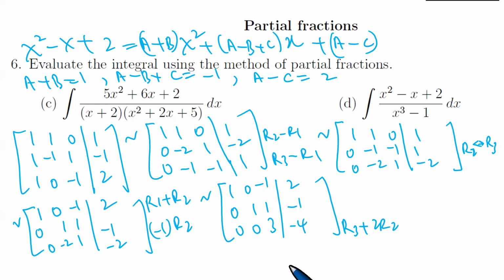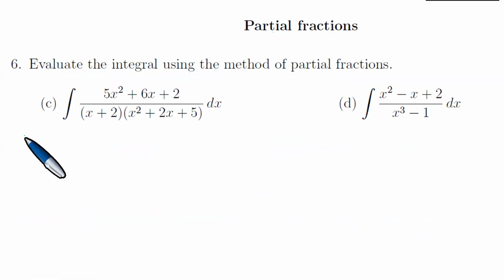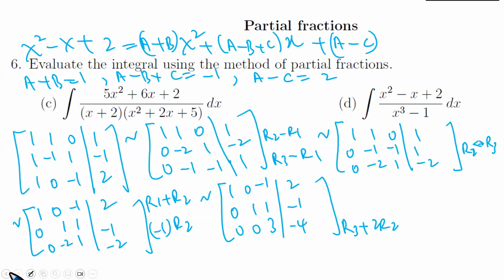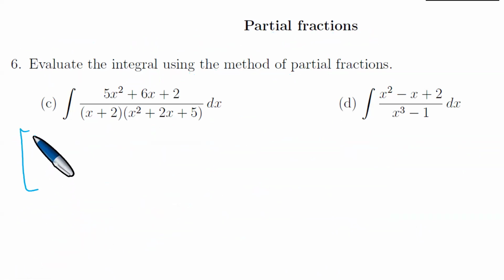At this point, the matrix is 1, 0, minus 1; 0, 1, 1; 0, 0, 3.